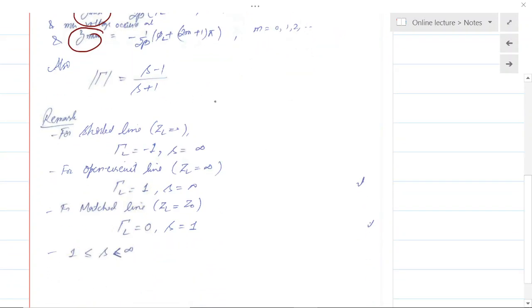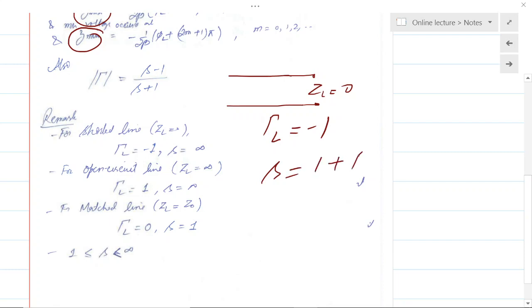Now for a shorted line, when you have a line that is shorted at the end point, ZL equals 0, then gamma L, as you know, is minus 1 for a shorted line, and the magnitude is 1. So S equals 1 plus gamma L over 1 minus gamma L, and you will get infinity here.